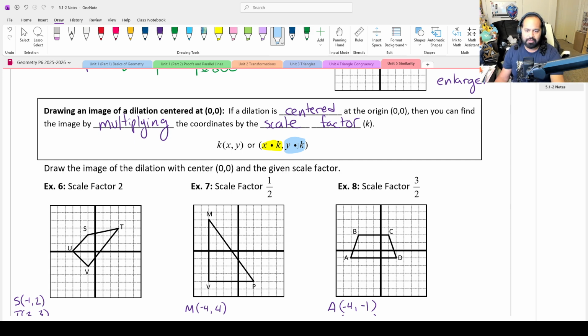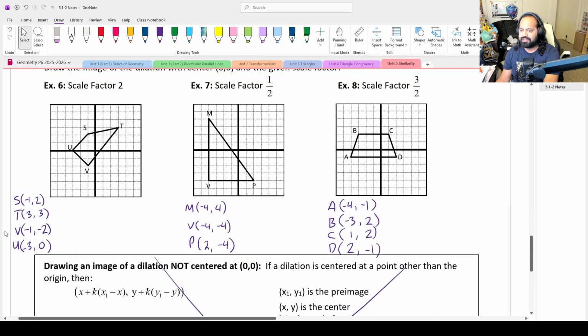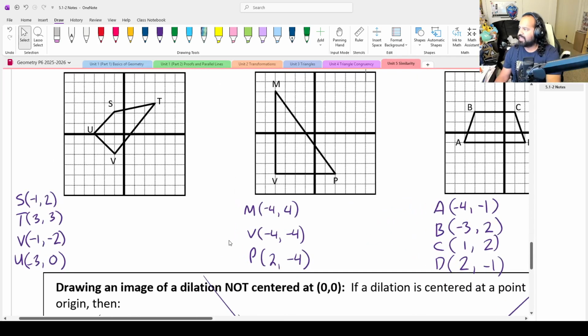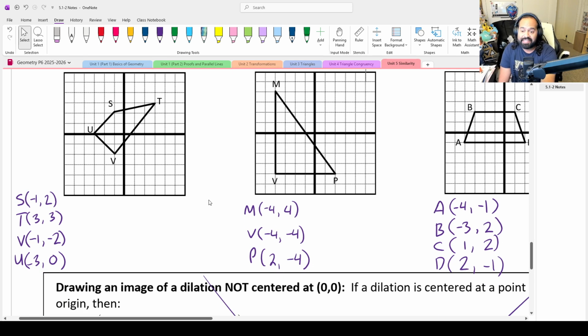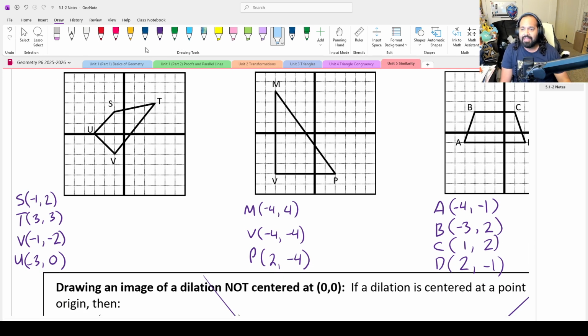So I'm going to model one of them here with y'all so you can see how that works. So in our figure here, we have a quadrilateral STVU, and you'll see that I've written out my coordinates there. So in the part up here, we want to find the scale factor of 2 and apply it to this shape. Well, since it's a scale factor of 2, that's my k. We're just going to take all of those points and multiply them by 2.